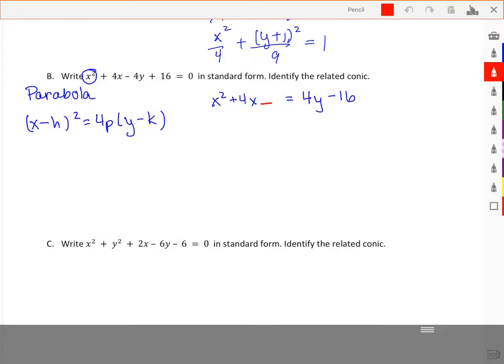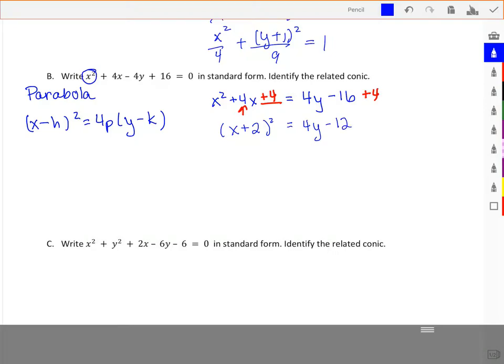All right, so we're going to complete the square here. X squared plus 4x, take half of the 4, and you get 2. And we add 4 on both sides. Okay. Anytime you complete the square, the next thing you do is factor it. So I've got x plus 2 squared equals 4y minus 12.